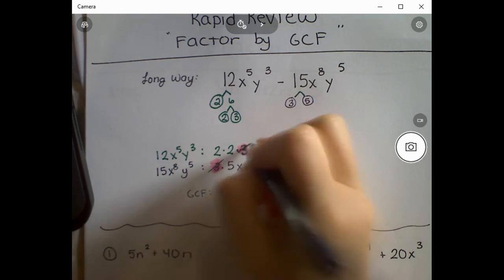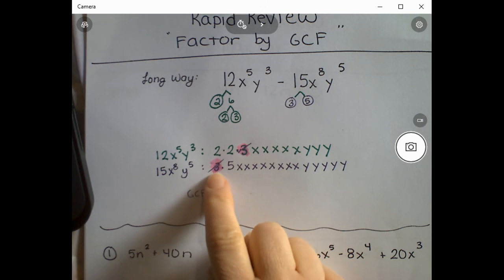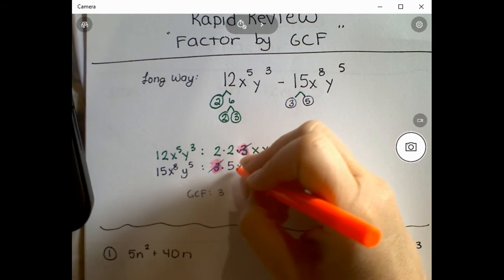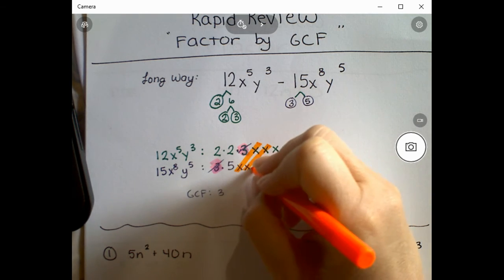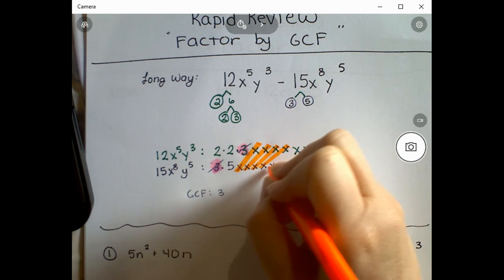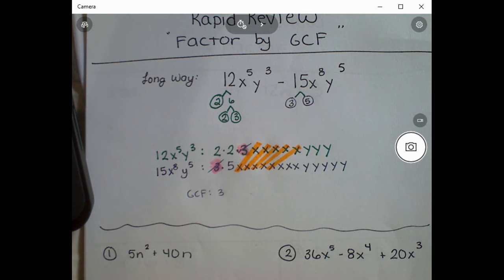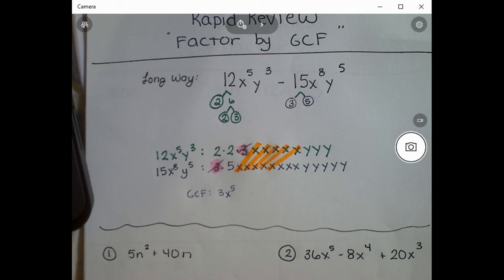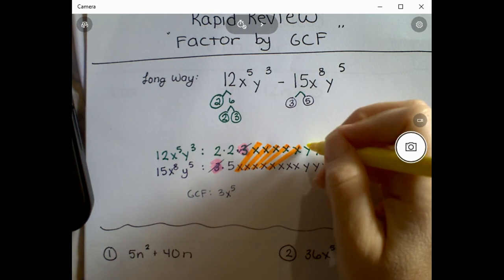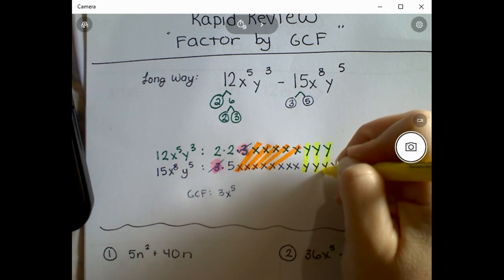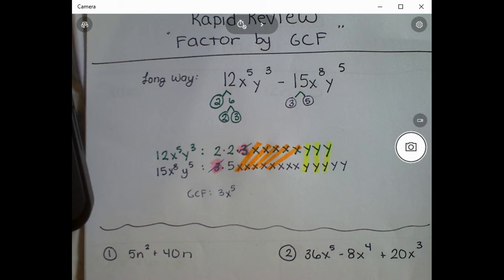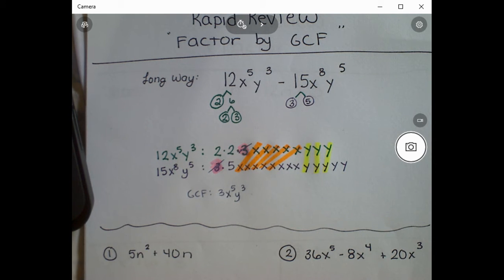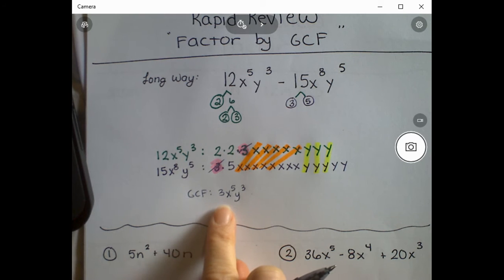Okay, now they don't both have 2s, they don't both have a 5, but let's check out the x's. We have 1, 2, 3, 4, 5 x's in common. So x to the fifth power. Okay, and y's, we have 1, 2, 3 y's that they have in common. So y cubed. All right, this is the GCF.